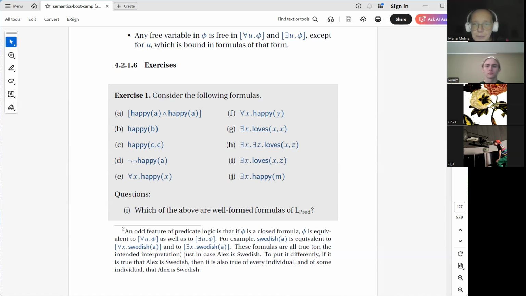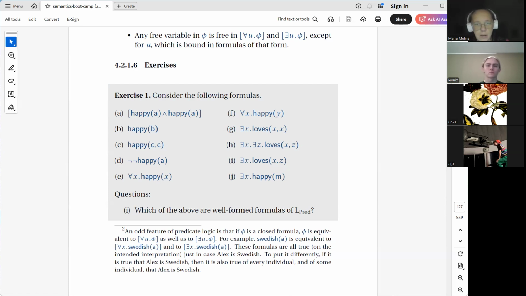So what do you think? B is well-formed, right? Everything's good here. Someone is happy. Happy is a unary predicate, it should take one argument.